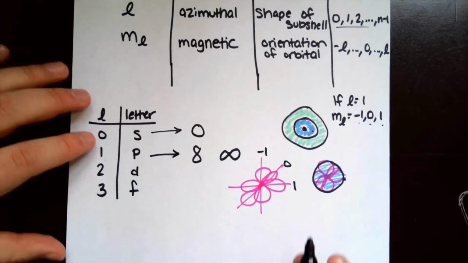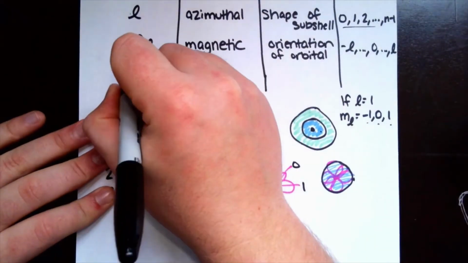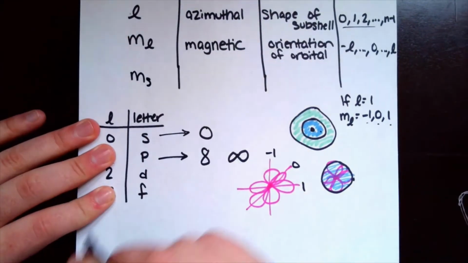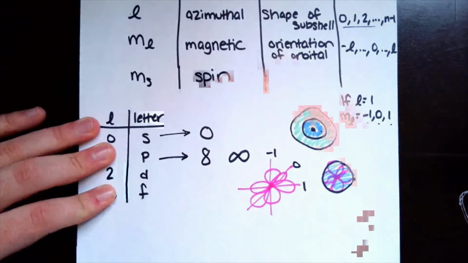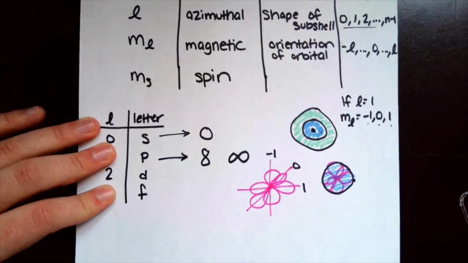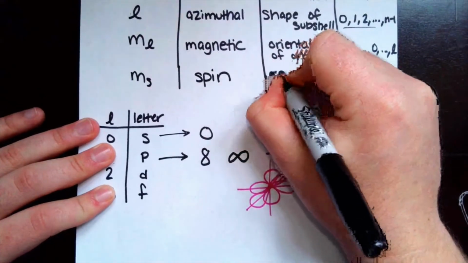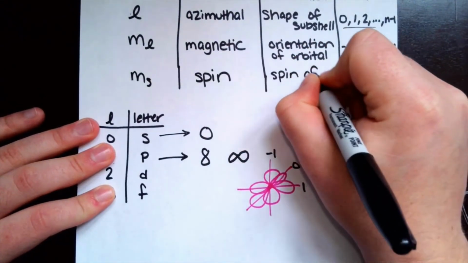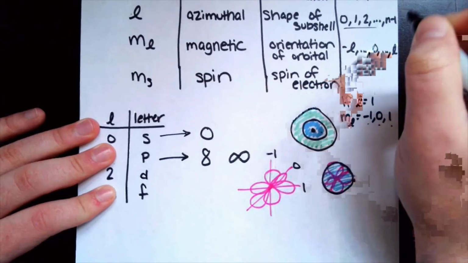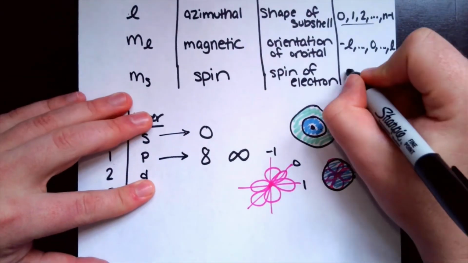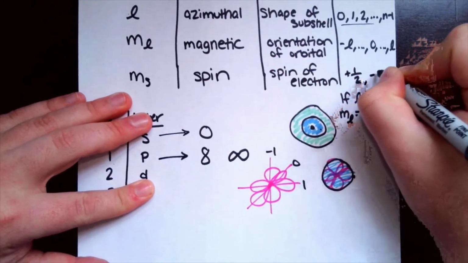And lastly, our final quantum number is m sub S. This is the spin quantum number, and what that tells you is the spin of the electron. This could either be plus 1/2 or minus 1/2.